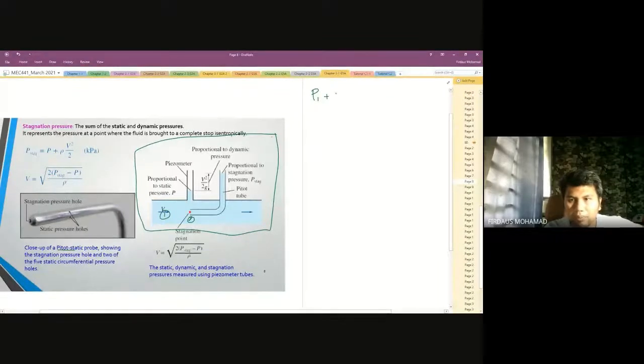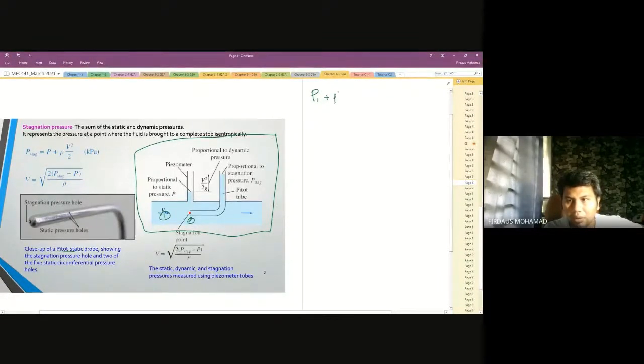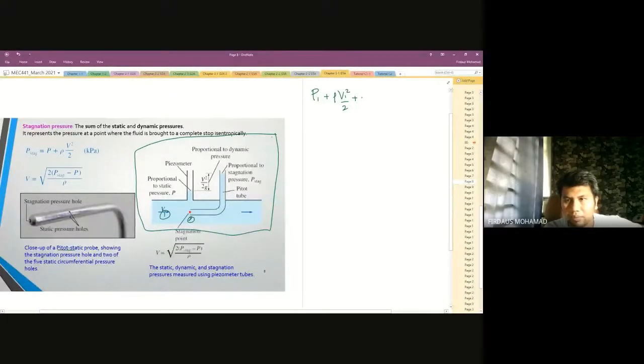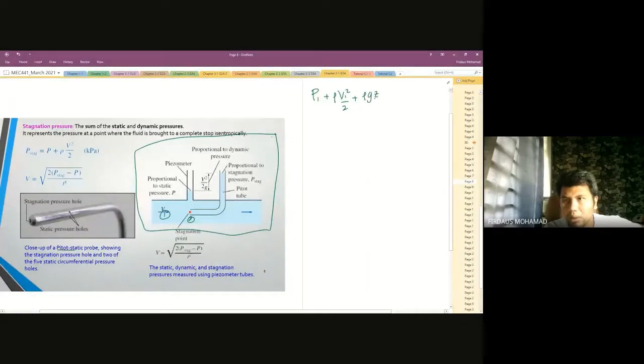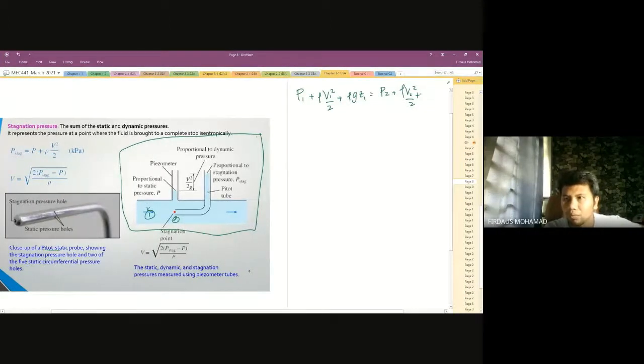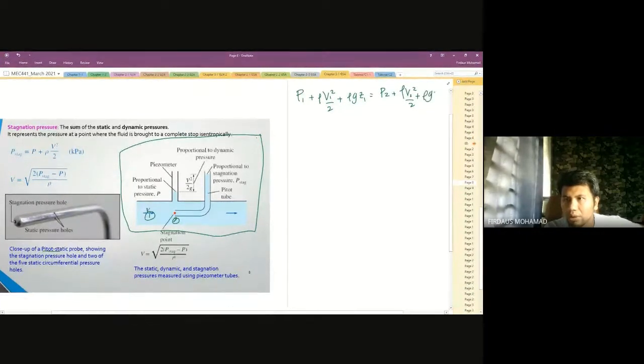P1 plus rho V1 squared over 2 plus rho g Z1 equal to P2 plus rho V2 squared over 2 plus rho g Z2.